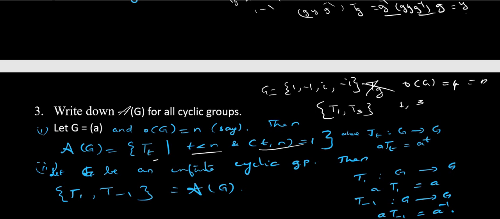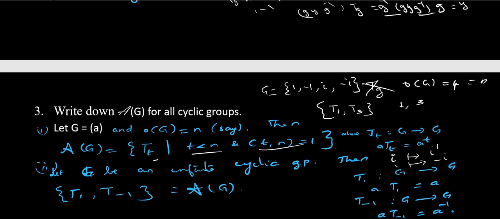Here is how T1 is defined: the generator i is taken to i power 1, and the generator i under T3 is taken to i cube, that is, minus i.